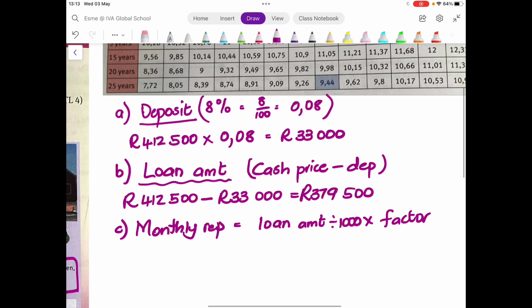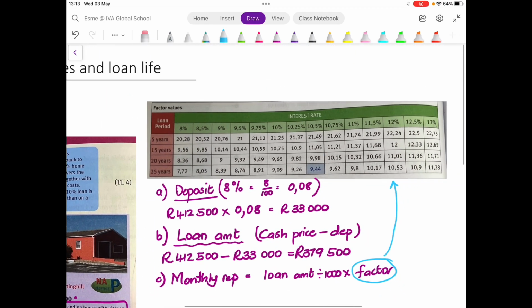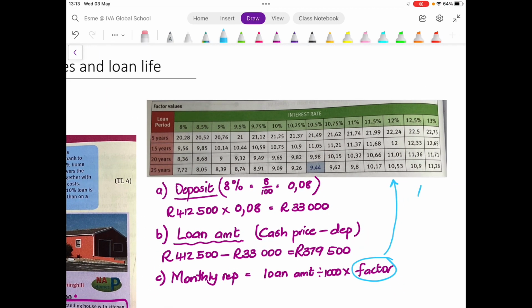Where do we get the factor? Well, the factor comes from the factor table, and in order to be able to use the factor table, you need to know the interest and you need to know the loan life.